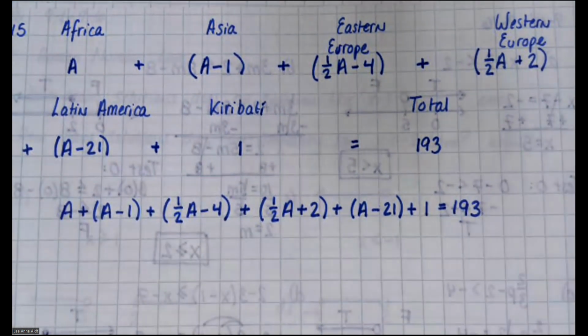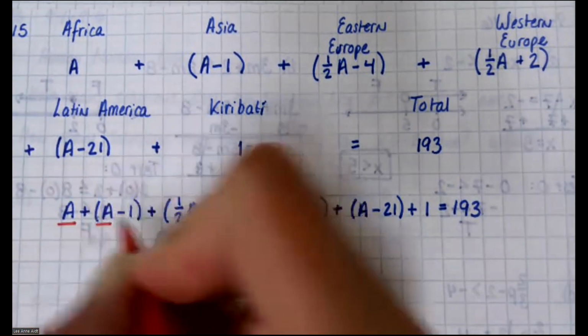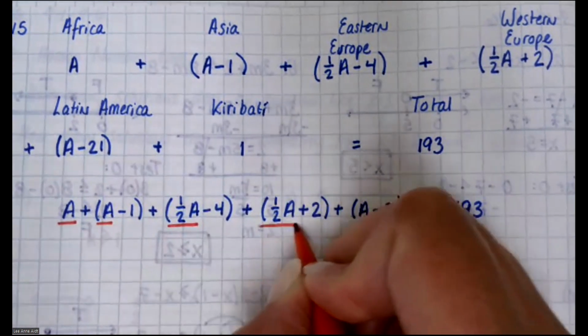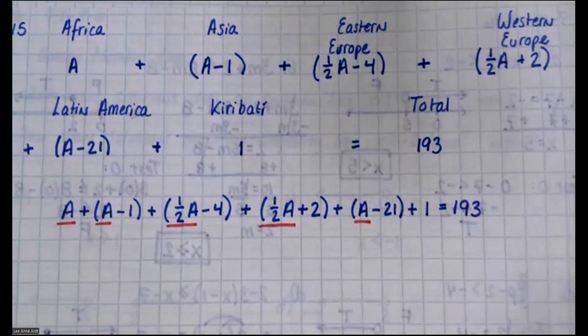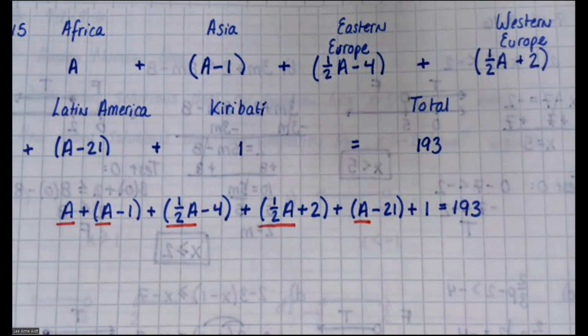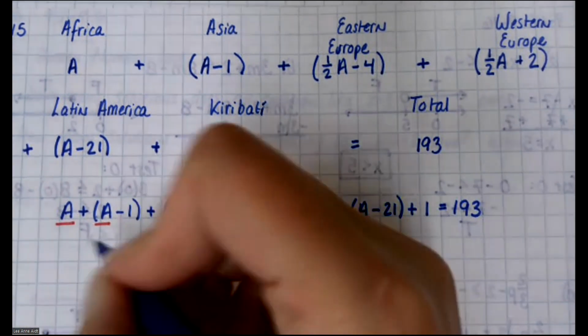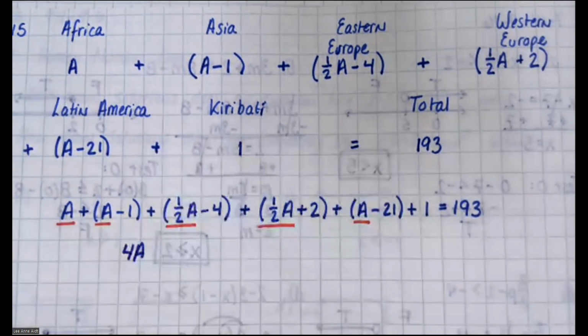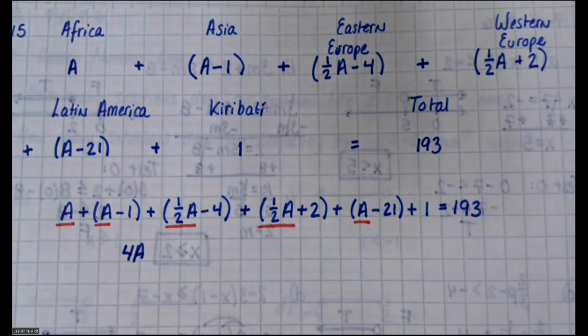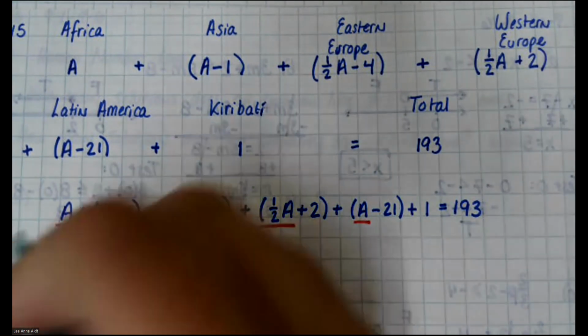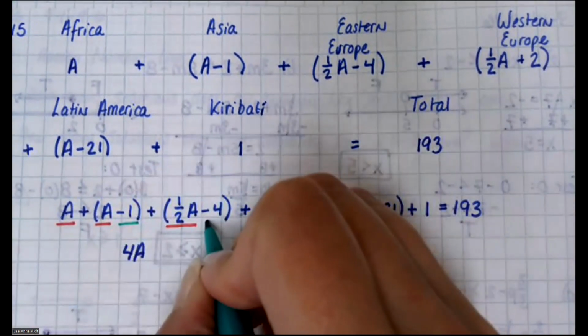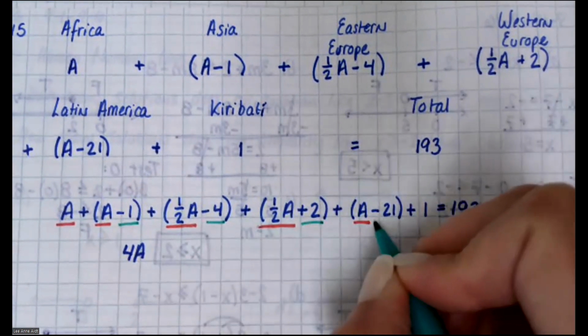Okay, I'm going to get a different color pen. I'm going to get a red pen, and I'm going to underline all the things with A. So this. Okay, how many total A's are there? 4. 4A. Okay, now I'm gonna come along with a teal, which is my favorite color, pen, and underline the numbers.